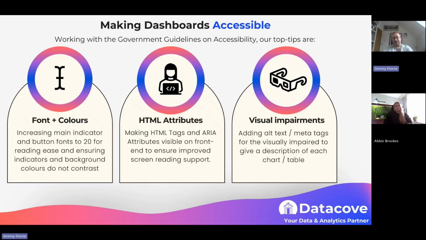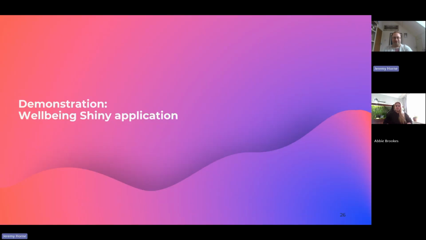And then visual impairments. All of the charts that you see, particularly when we come to the demo in a moment, they've all got a tag on the back of them. And that tag is just a sentence of plain English, and it says, this is a chart showing well-being scores over time for the last 10 years, and the overall trend is up. So when the screen reader reads that, it can tell the person that's trying to access the information exactly what they should be seeing.